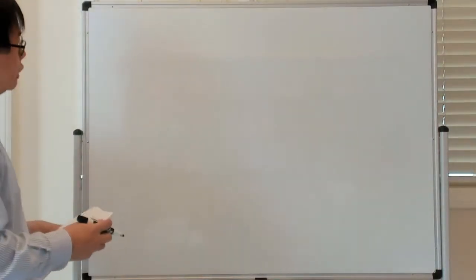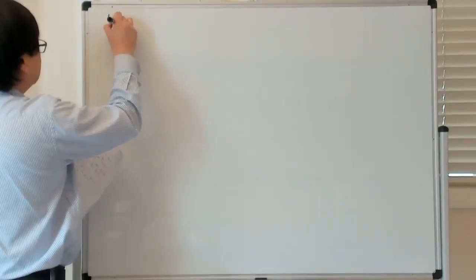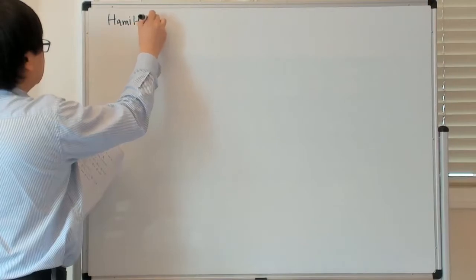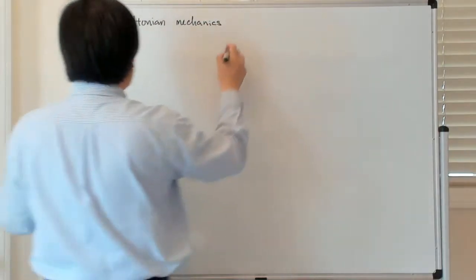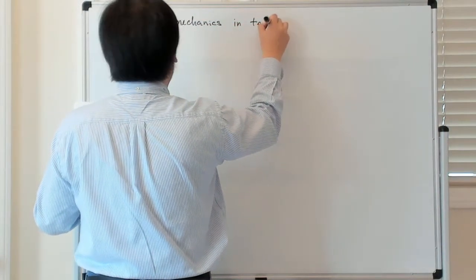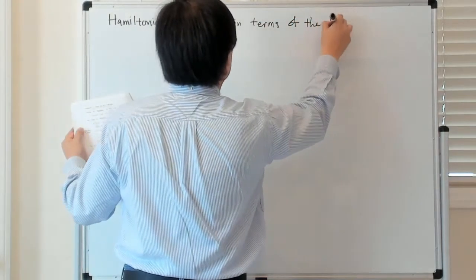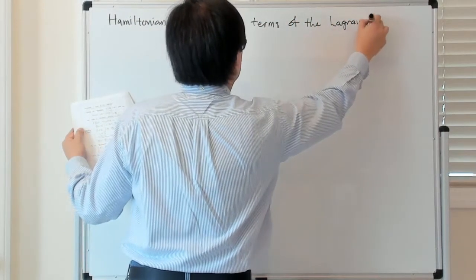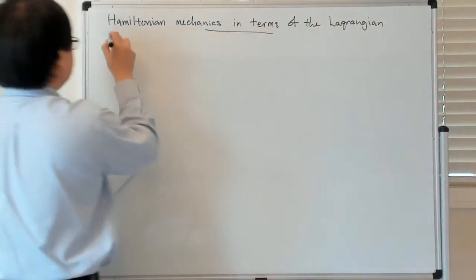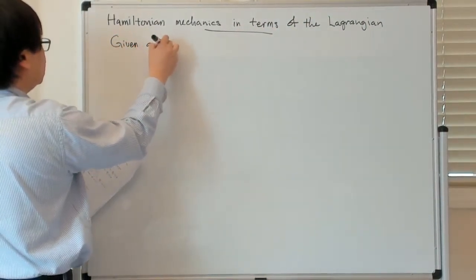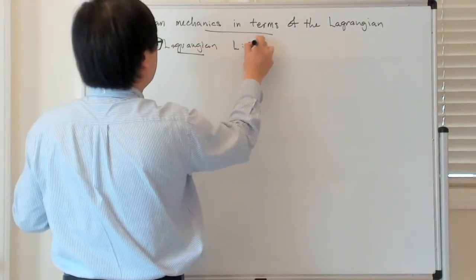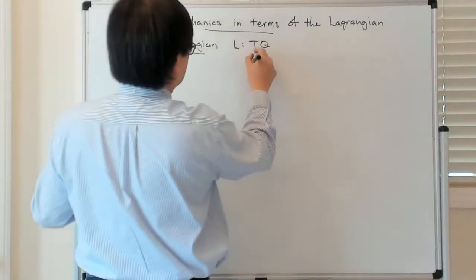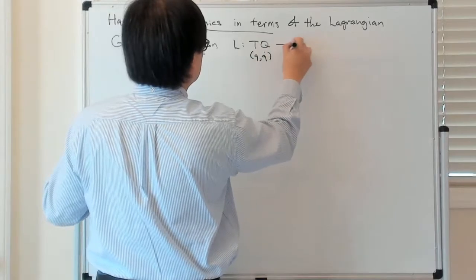Okay, so I'll now describe how you can derive Hamiltonian mechanics in terms of the Lagrangian. Okay, so again, as before, you're given the Lagrangian L, which is a map from the tangent bundle, which has local coordinates q and q dot, to the reals.